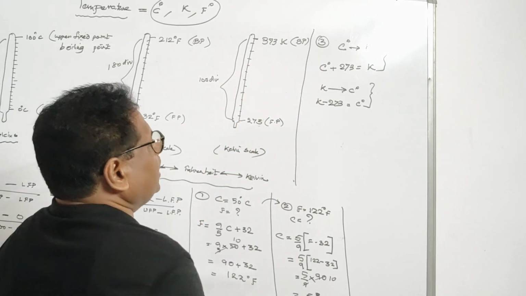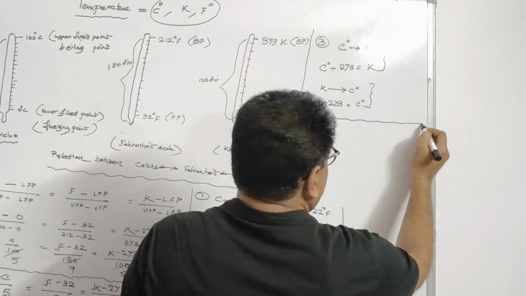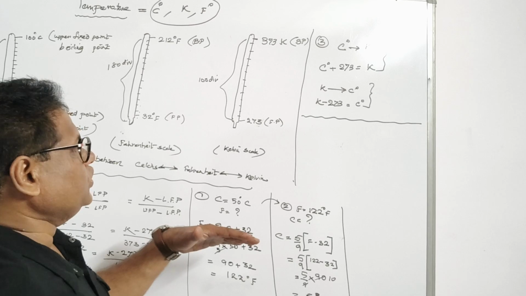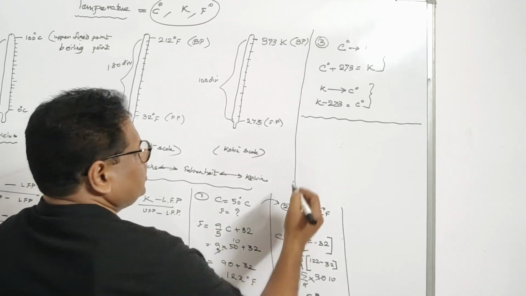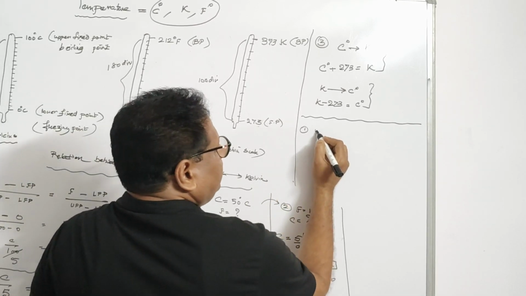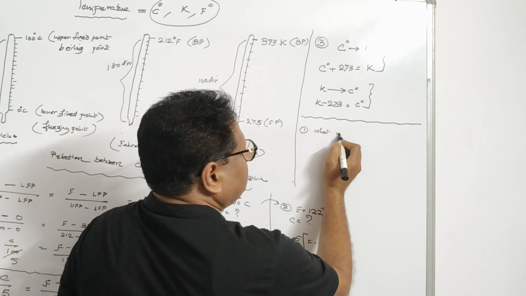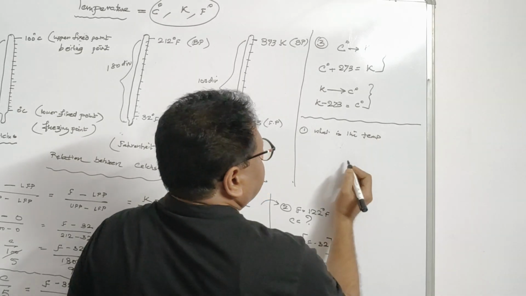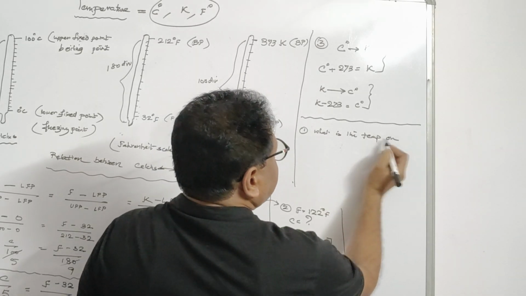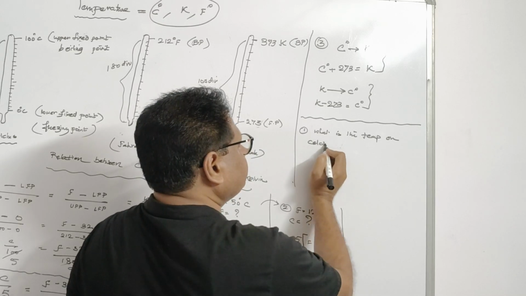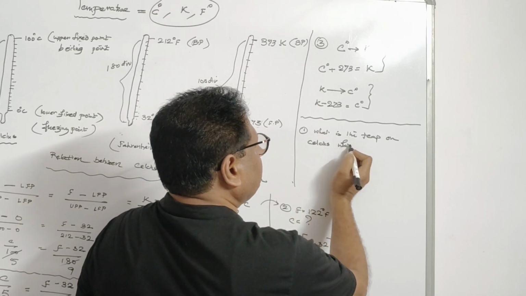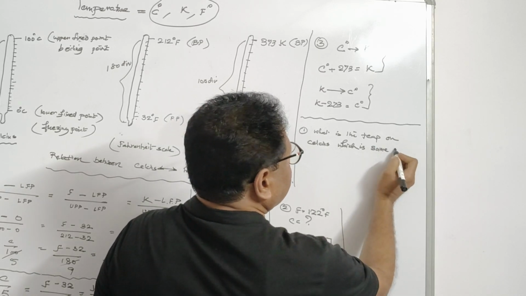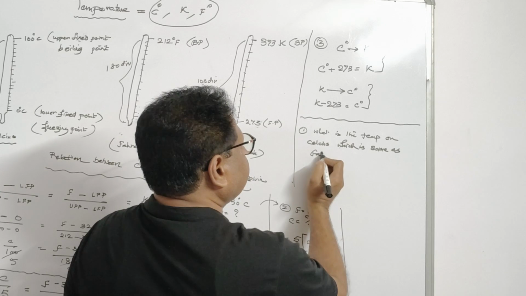Now, there may be some difficult questions in which you need to solve the calculations. Suppose the question is, what is the temperature on Celsius which is same as Fahrenheit?